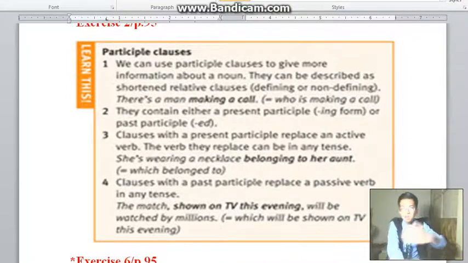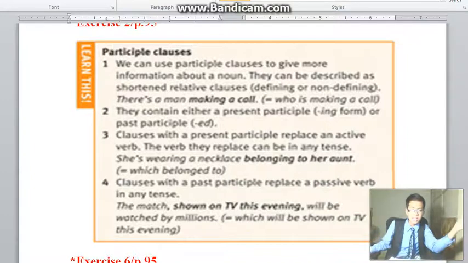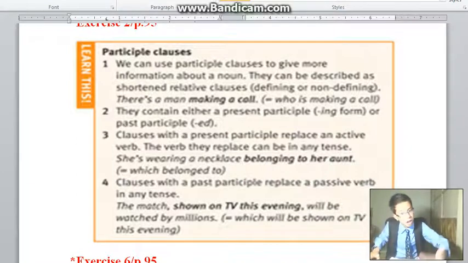So, past participle means the verb 3, alright? Verb 3 or verb ed if it is the regular verb. Irregular verb means verb 3, alright? Remember learning by heart that fact? So, the match shown on TV this evening, shown is the past participle.